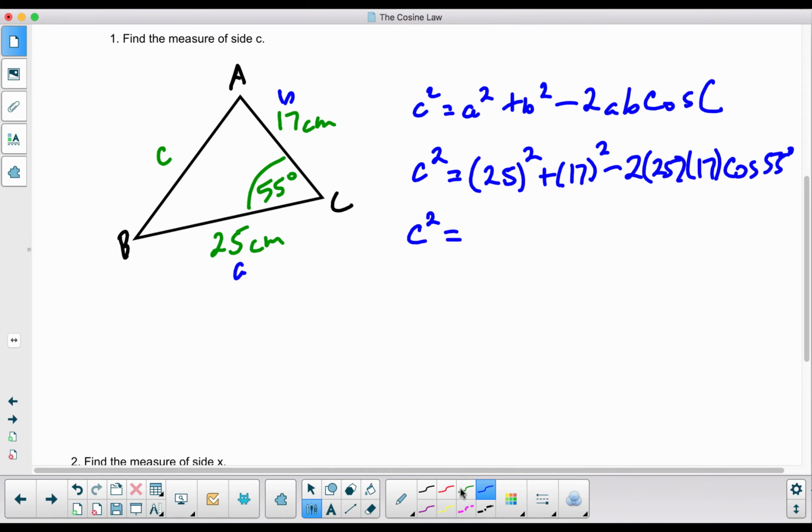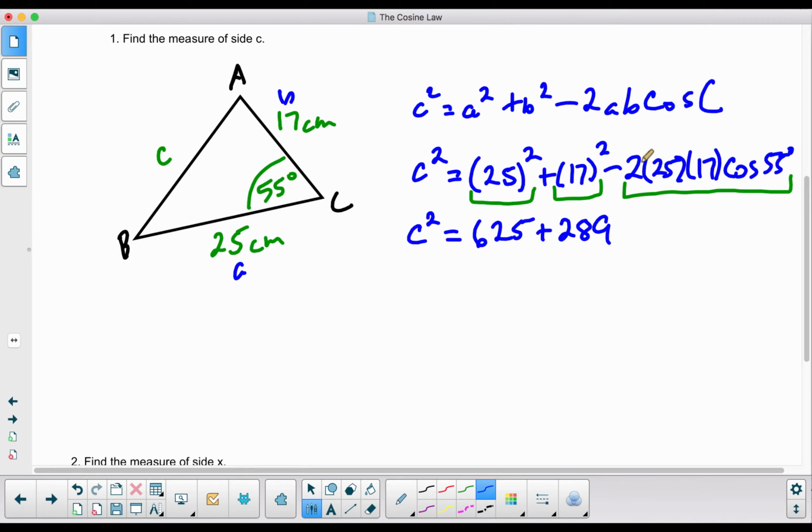Okay, now notice that you get, and this is always going to happen, 3 terms. So there's 25 squared plus 17 squared, and then minus 2 times 25 times 17 times cos 55. So this is all one big term. So what I like to do is evaluate each term separately. So 25 squared is 625, plus 17 squared is 289.